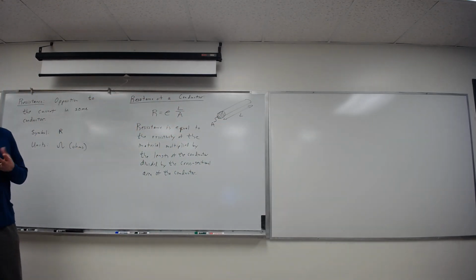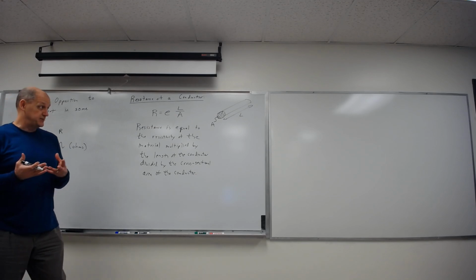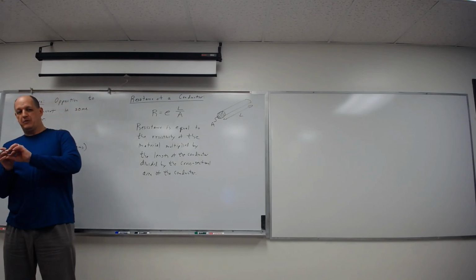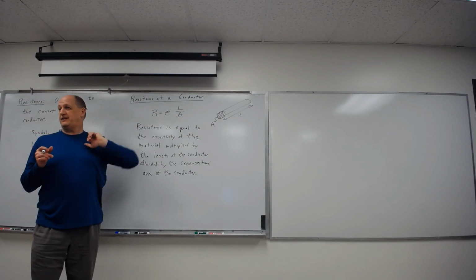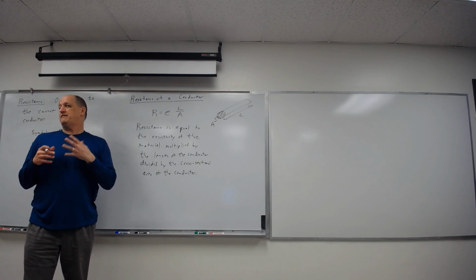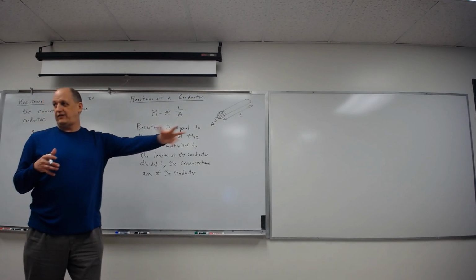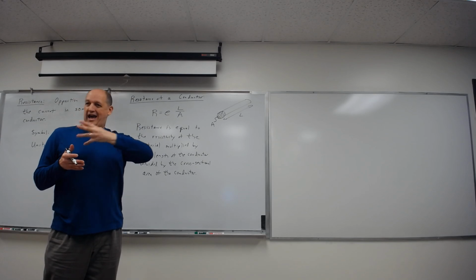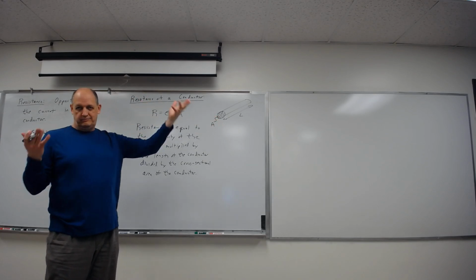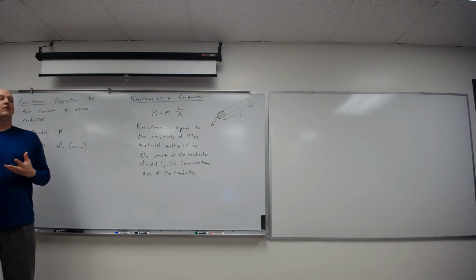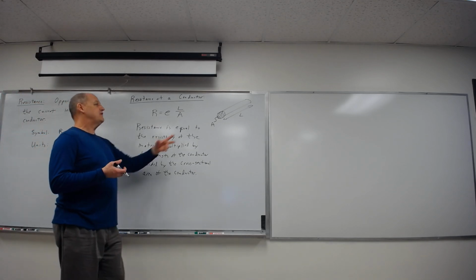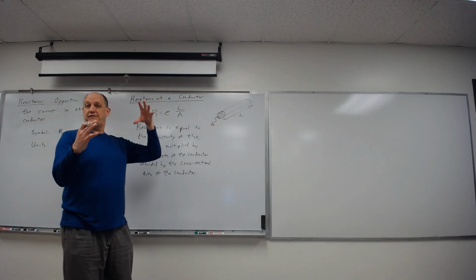If you picture a wire, most people will easily picture a copper wire. It will have a length. The longer it is, the more resistance it has, because the further those charges have to flow, the more atoms they have to go through. Make it longer, it has more resistance to that flow of current. However, if you make it bigger around, what have you done?